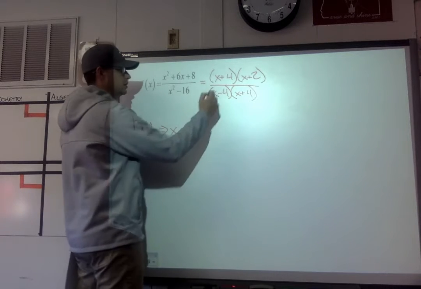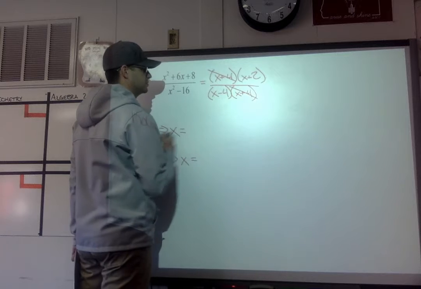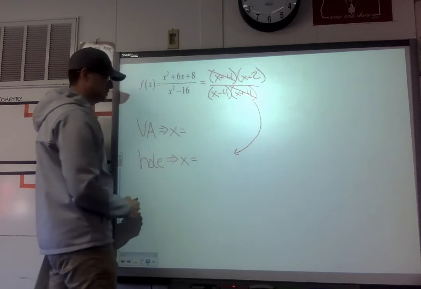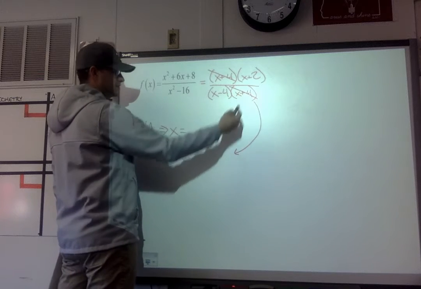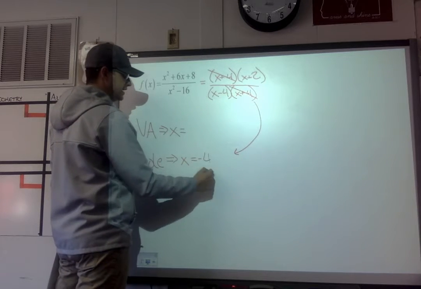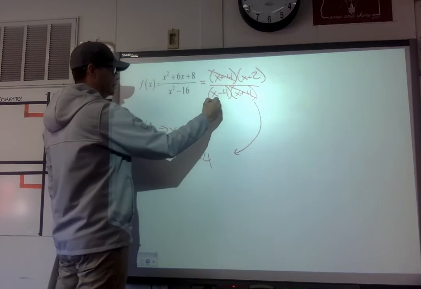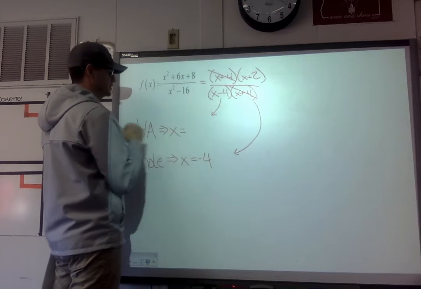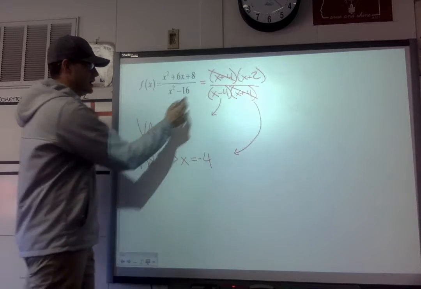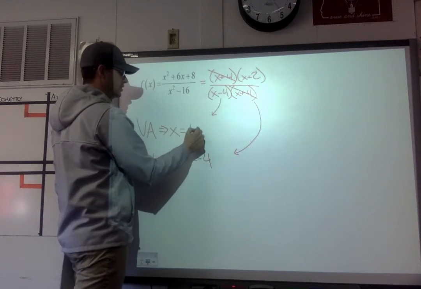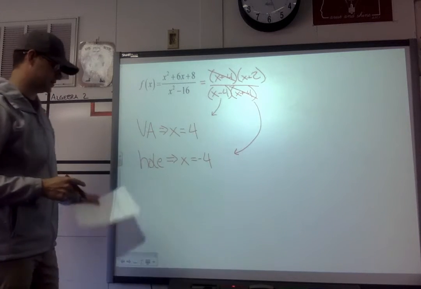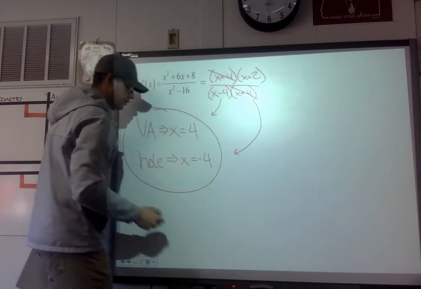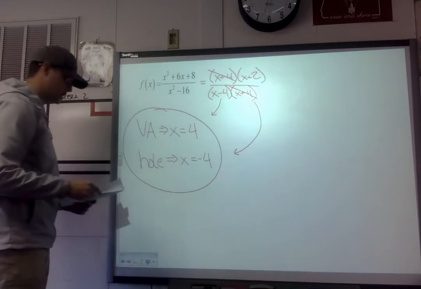So now we can cancel the x plus 4's, which since that's canceled, that becomes a hole. X plus 4 equals 0 would give us x equals -4. X minus 4 is left, it's not canceled, so that's going to be a vertical asymptote. X minus 4 equals 0 would give us an asymptote at x equals 4. And that would be our solution there.